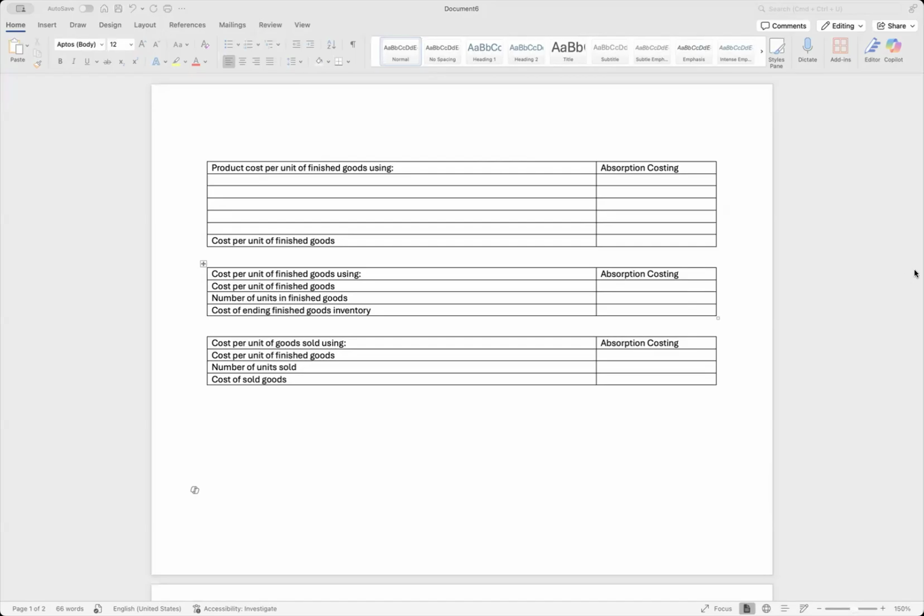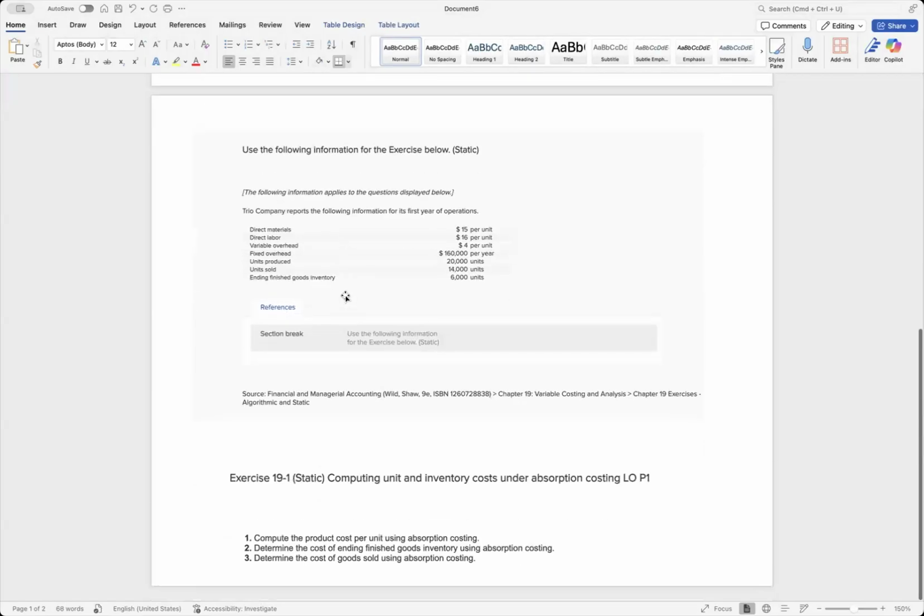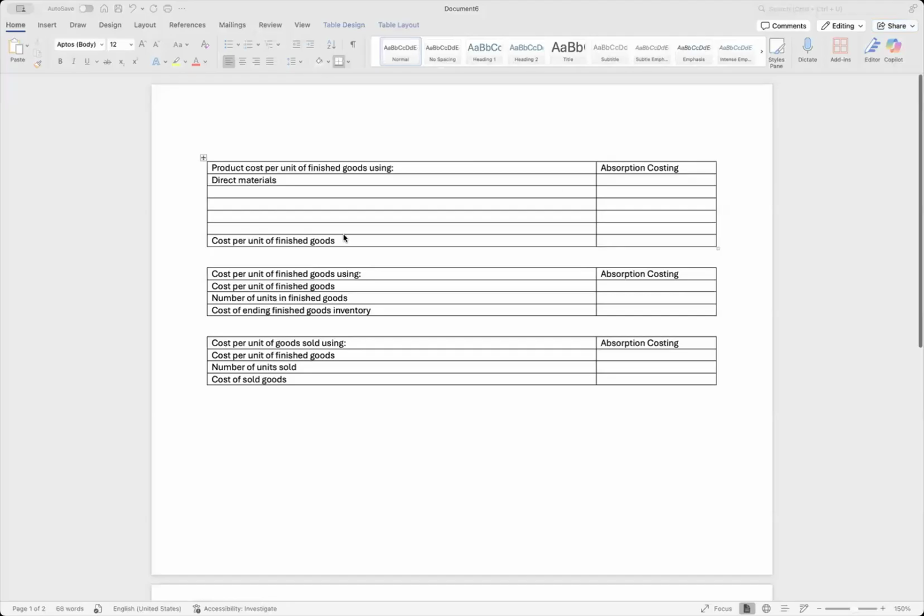Under absorption costing, our product cost will include our direct materials, our direct labor, our variable overhead, and our fixed overhead. So let's start with our direct materials. The question gives it to us. They are $15. Nothing else to do but put 15 here.